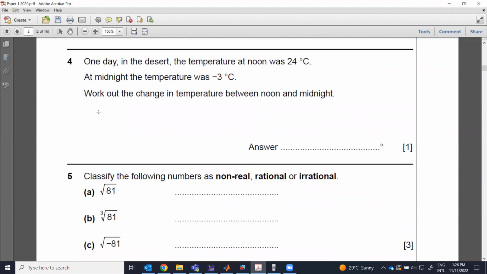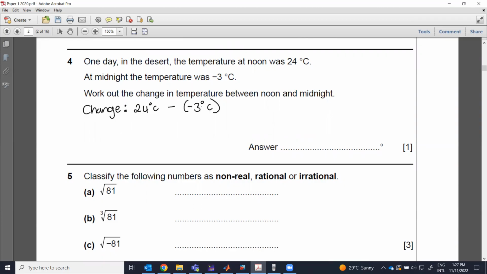Okay, question 4. One day in the desert, the temperature at noon was 24 degrees Celsius. At midnight, the temperature was -3 degrees. Work out the change in temperature between noon and midnight. So we are going to say 24 minus -3.